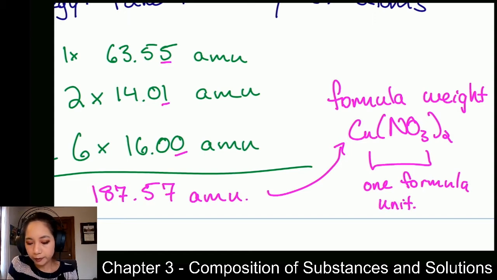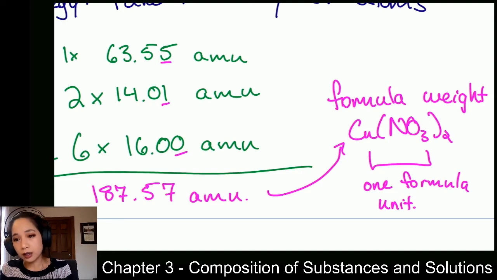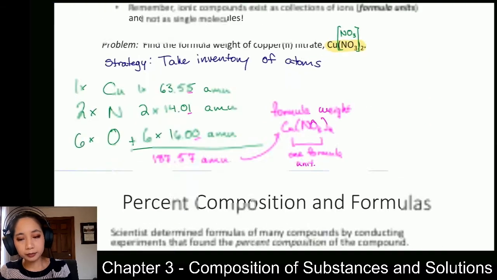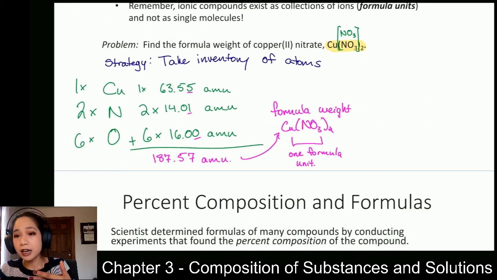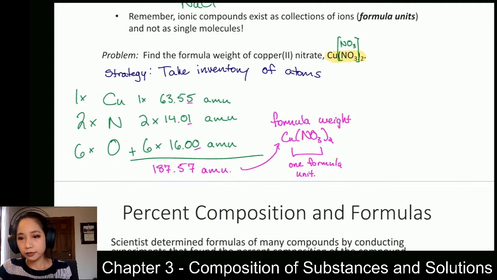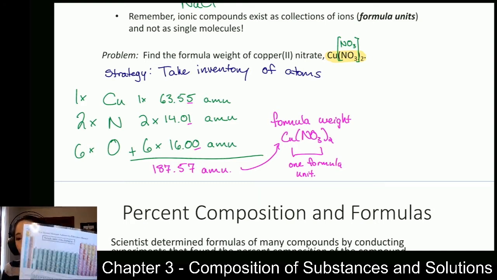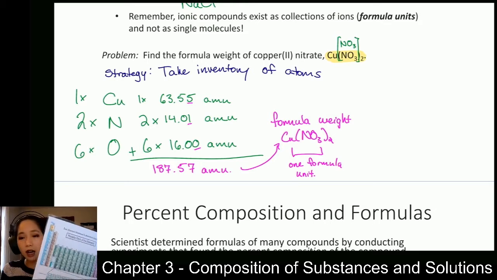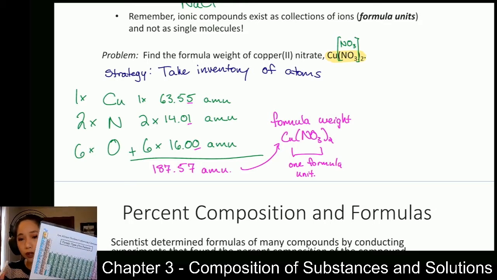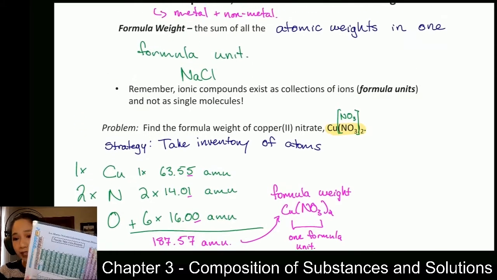And again, it's the same process to calculate formula weights and molecular weights from covalent or molecular compounds. All right, so when given a chemical formula, whether it be molecular or ionic, as long as you have the periodic table, you can figure out how much one of those molecules or one of those formula units will weigh in AMU.